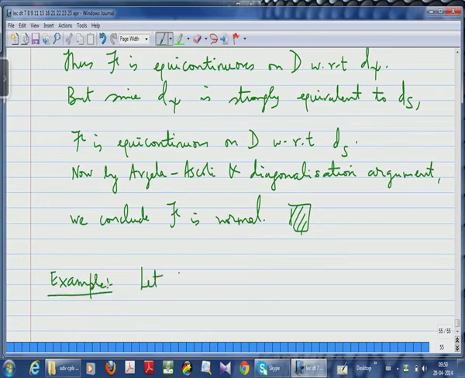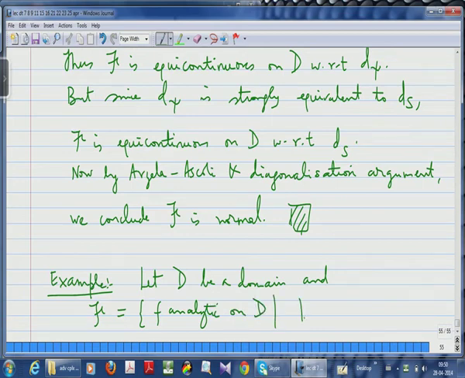The advantage of this is we can apply it to an example like this. Let D be a domain and script f be the set of all functions f analytic on D such that mod f dash of z is bounded by e power mod f z.